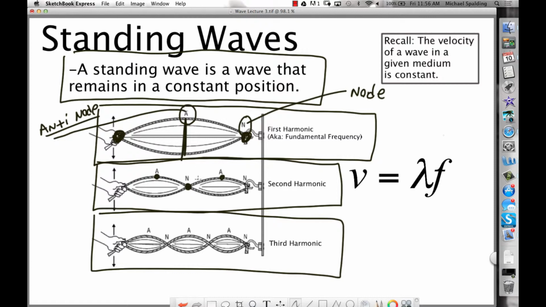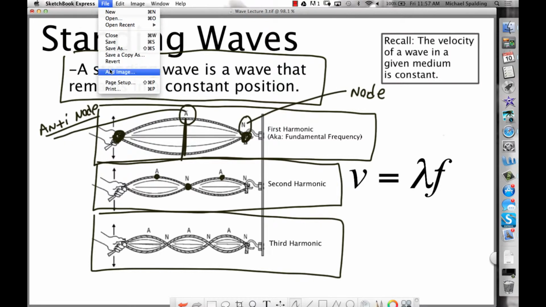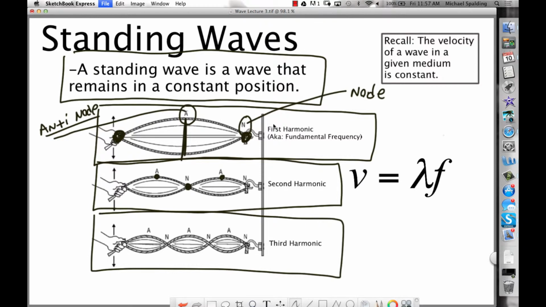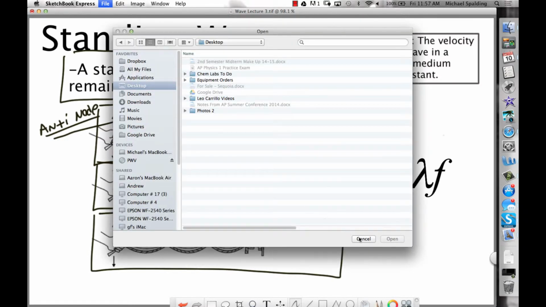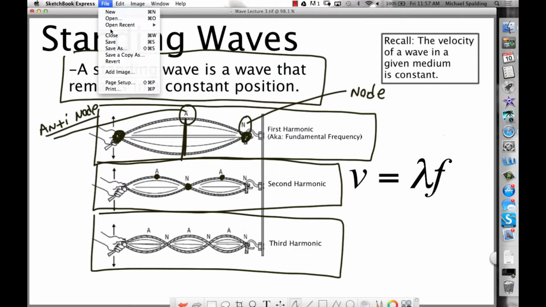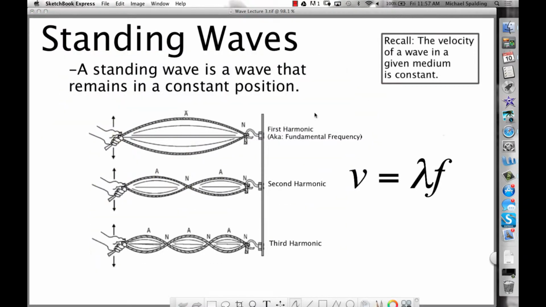Okay, so what we're going to go over is how you calculate the possible frequencies for a standing wave. Using that wave generator that's set up right there, I figured out that the first harmonic is 7.5 hertz.